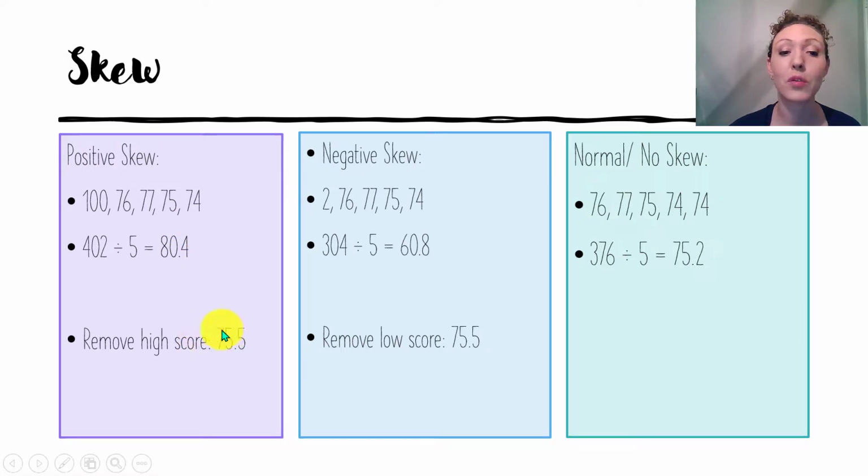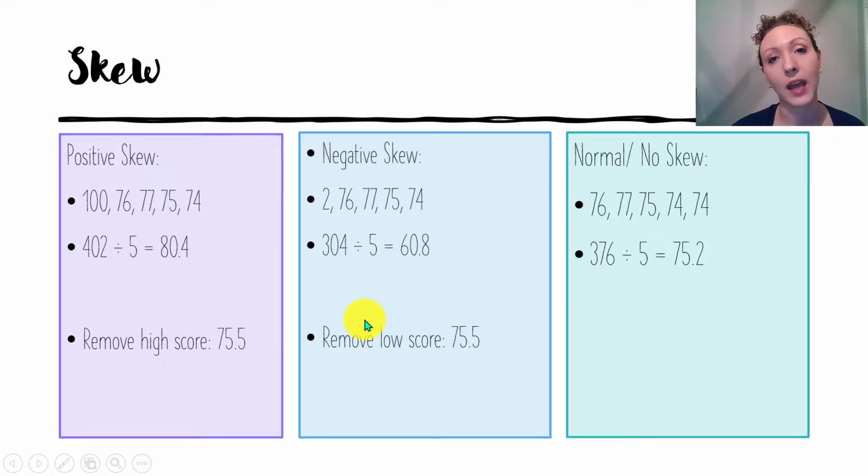And if we remove that single high score of 100, that brings our average down to 75.5, which is much closer to these scores here. So 75.5 is a lot closer to 76, 77, 75, and 74 than it is to that 80.4.